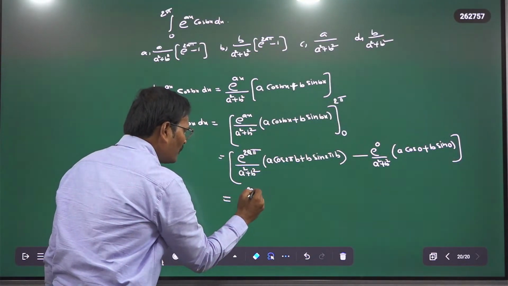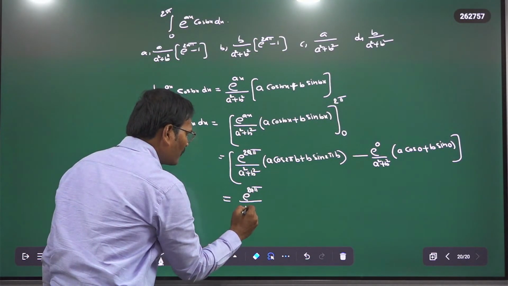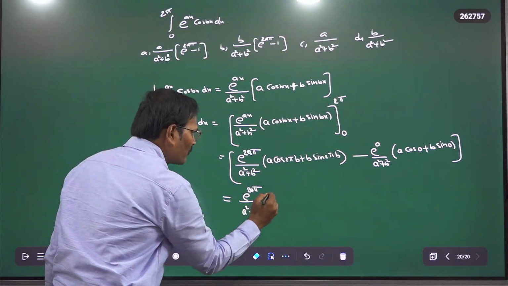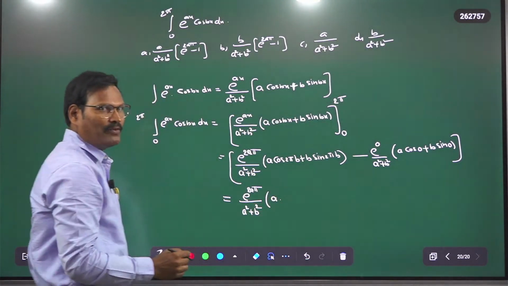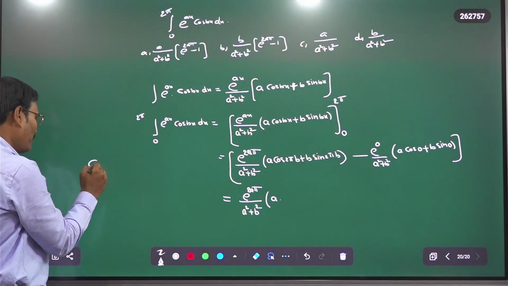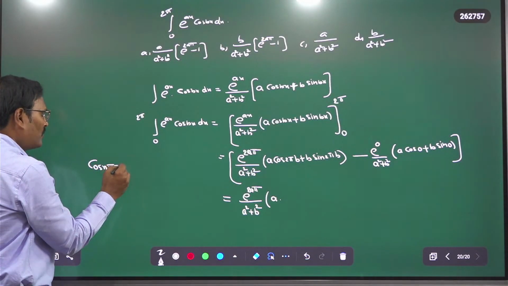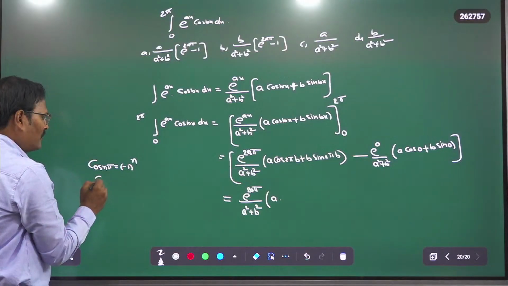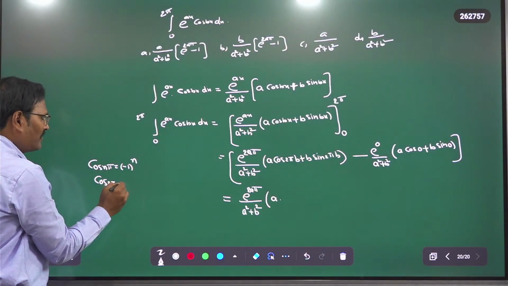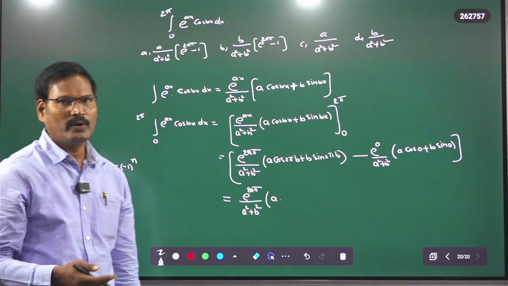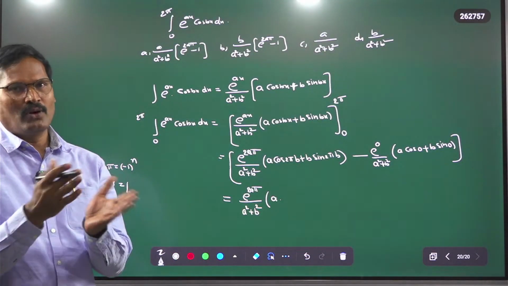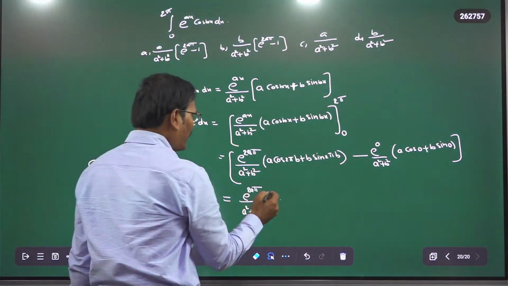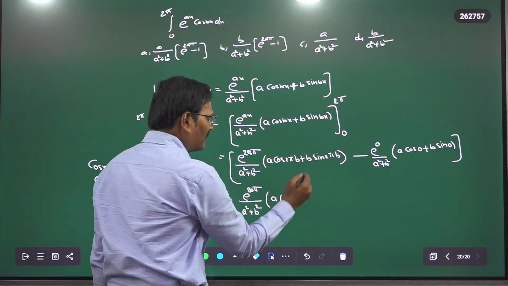So e power 2a pi by a square plus b square, a into cos 2 pi b. Already we know cos n pi is equal to minus 1 whole power n. So cos 2 pi is equal to 1, cos 4 pi is equal to 1, cos 6 pi is equal to 1. So even is always equal to 1, plus b into sin n pi.